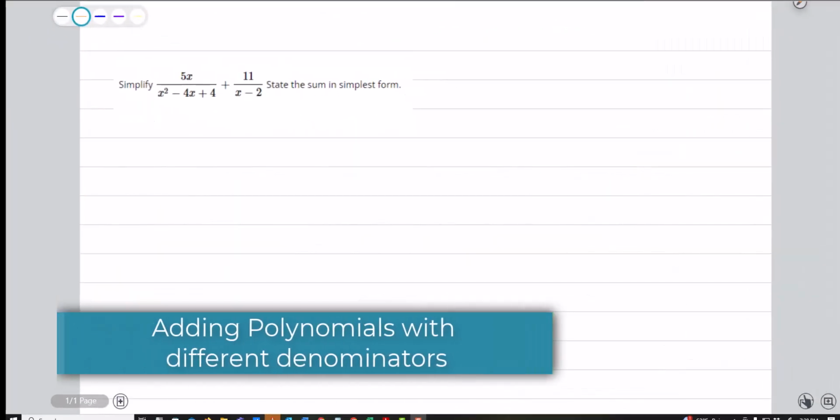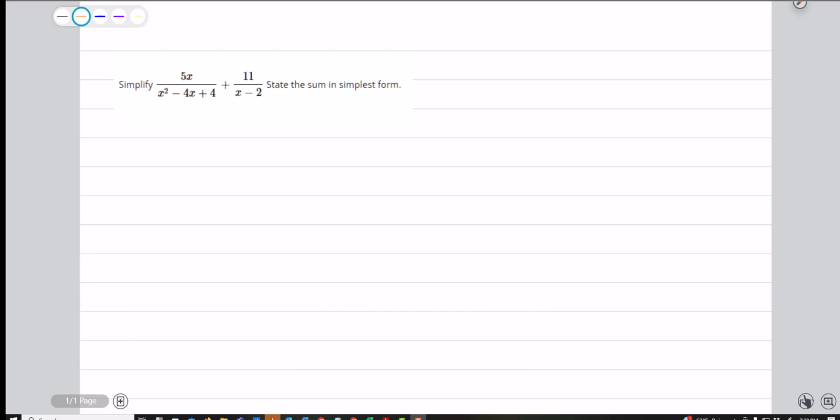All right, anytime you want to do any type of computations with polynomials, you want to look at factoring. Right away, my eye looks right there and I see that's something I can factor. The other thing is, if you remember with fractions, whenever you add or subtract fractions, you must have the same denominator.